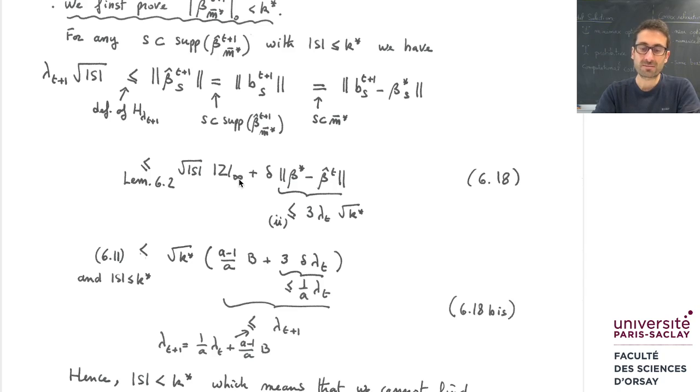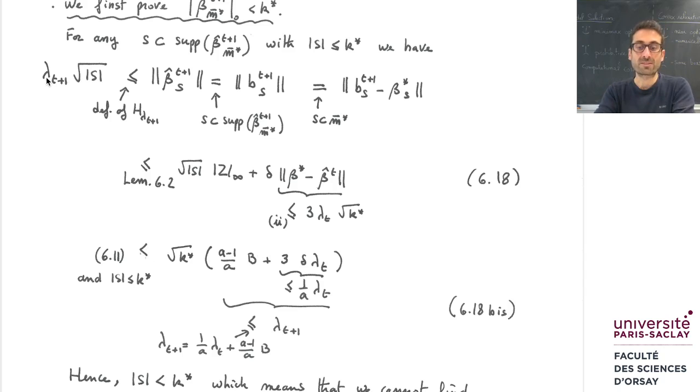And we know that the sup norm of z is strictly smaller than a minus 1 over a times b. And here again, I have 3 delta lambda t, which is smaller than 1 over a lambda t. Because of this recursion formula, here I recognize lambda t plus 1. So I have that square root of k star lambda t plus 1 is strictly larger than square root of the cardinality of S times lambda t plus 1.